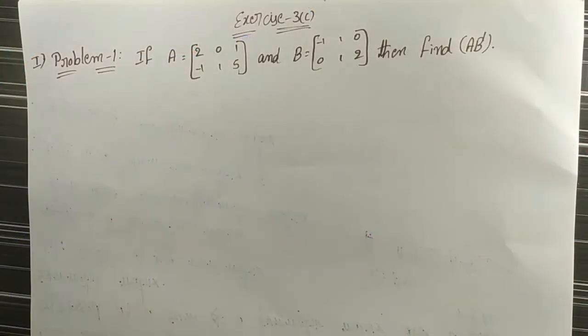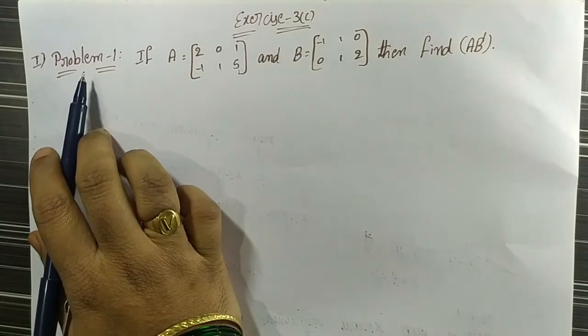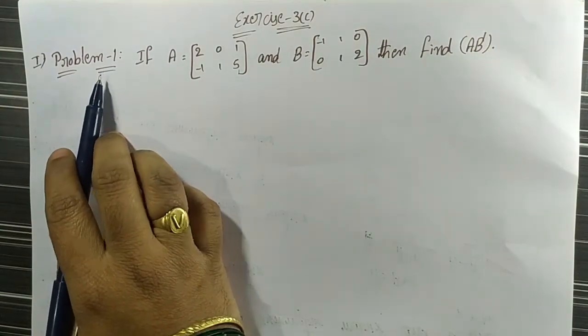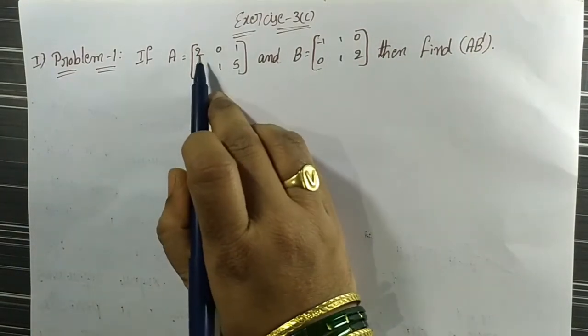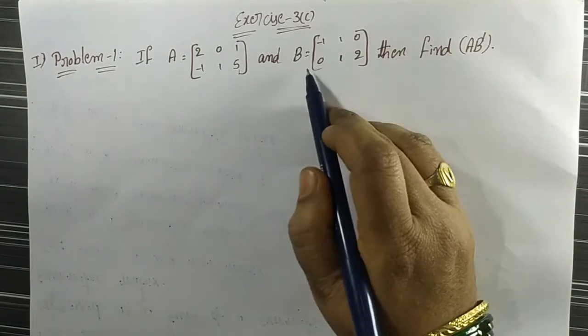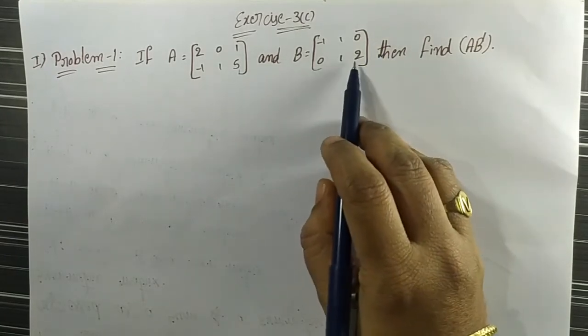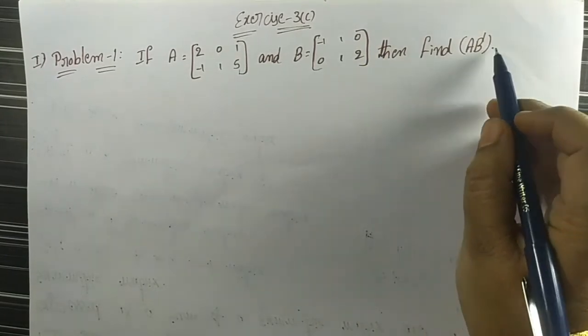Next, we will go to exercise 3C. In that first section, first problem number 1. The problem is: if A equals [2 0 1; -1 1 5] and B equals [-1 1 0; 0 1 2], then find AB'.